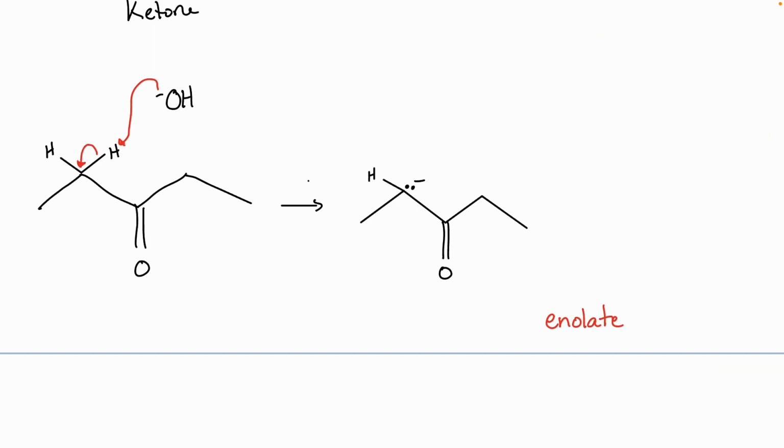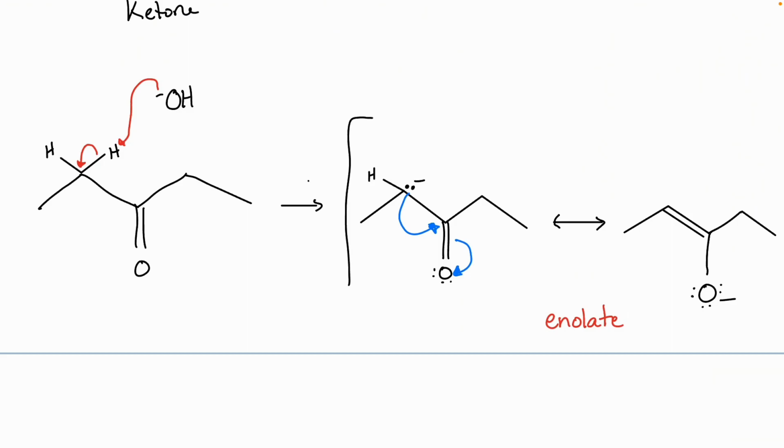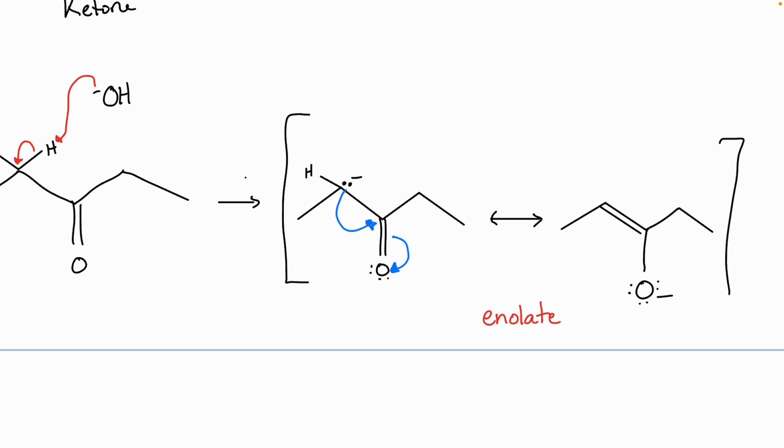So now I'm going to draw these resonance structures. This pair of electrons can come down here, and this pair of electrons comes up here. These two structures in resonance with one another are both what we consider the enolate ion.